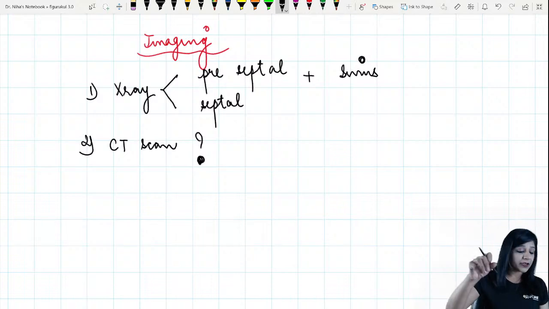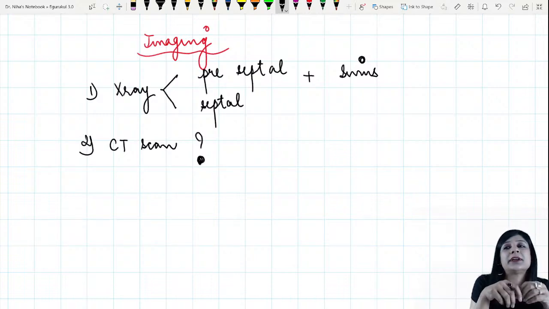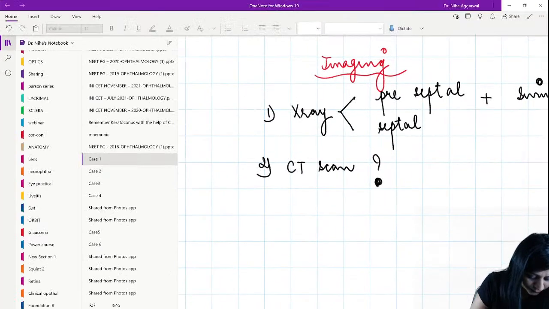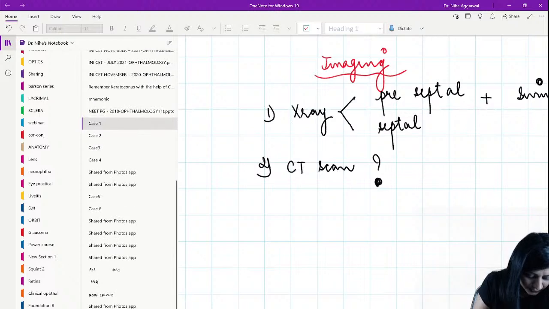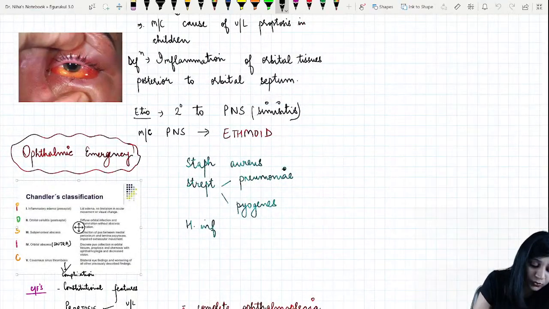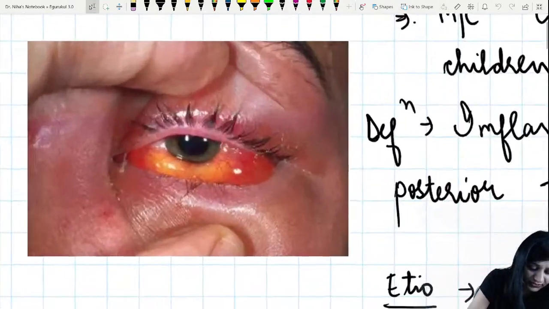क्या already means we are more worried about orbital cellulitis, or actually we are worried about something else? I will show you the picture also of a child having the orbital cellulitis. This is the picture that you see in your eGurukul notes also, the same picture. See this one.